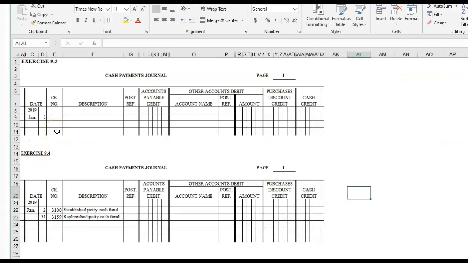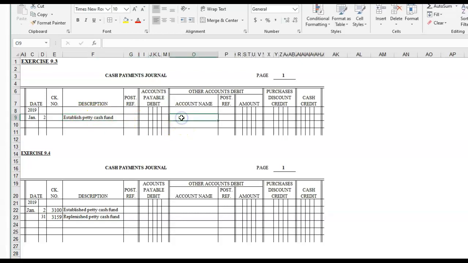Okay, so we kind of need to know what's going on. You just need to put in the description that you're establishing the petty cash fund.